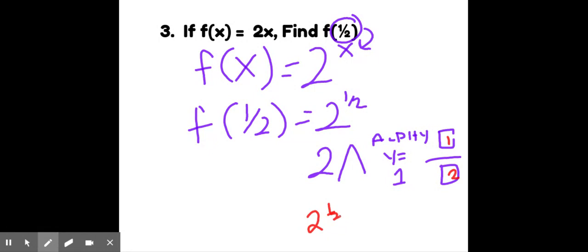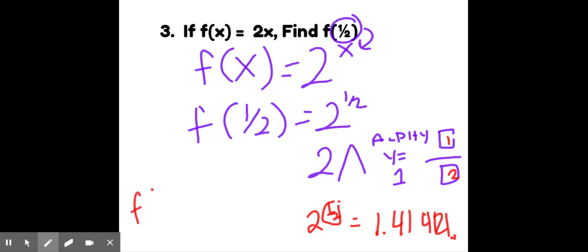And you should get some crazy answer that says 1.41421... This is an irrational number, but you have to understand when you're expressing these that you have to just evaluate whatever they're telling you to do.